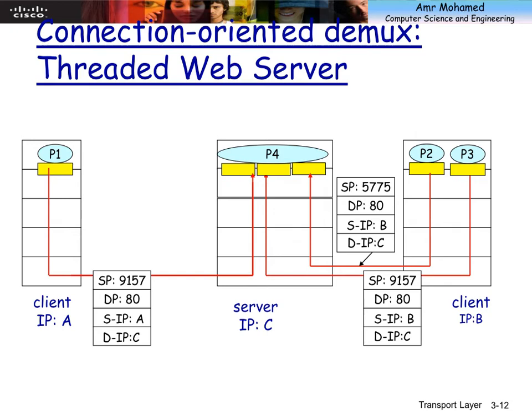And what the server does is that there is one common process of the server, and then this common process has a server socket which is listening on a specific port. Okay? One server socket listening on a specific port.